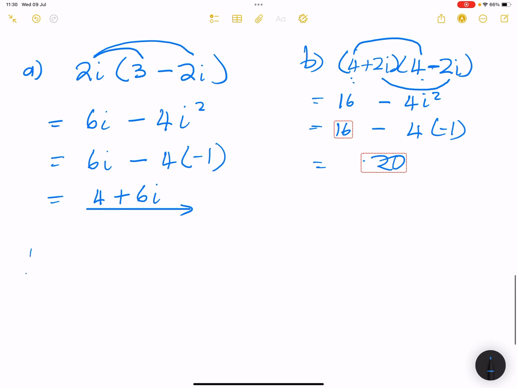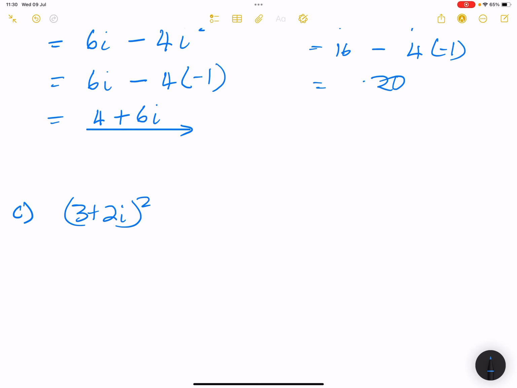All right, let's go to the next one. Now looking at C, we said this is going to be 3 plus 2i all squared. I did say that when you've got a bracket that is squared, you can expand that bracket or simply use my method. We can say this is the first term, 3 squared, that's 9, and the last term, so that's plus 4i squared.